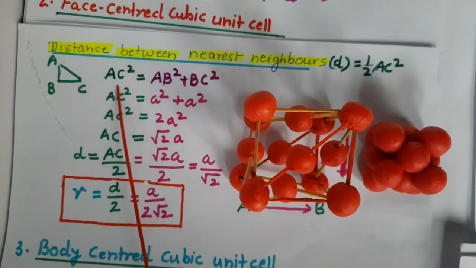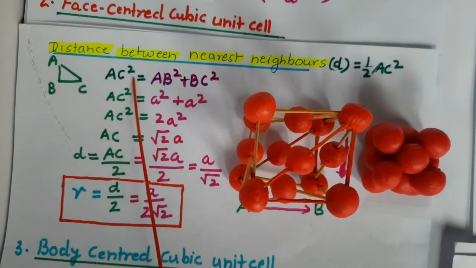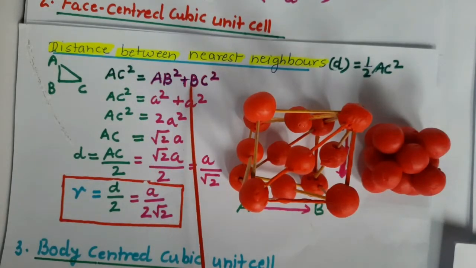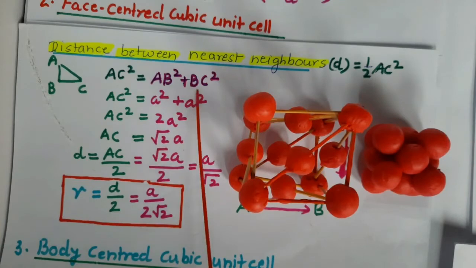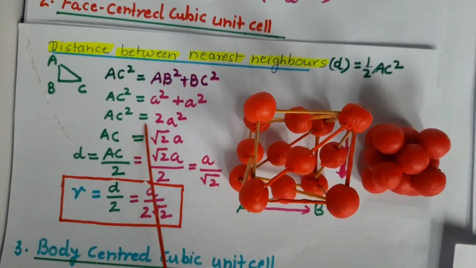According to Pythagoras theorem, AC square will be equal to AB square plus BC square, and AB is nothing but the edge length and it is represented as A. So AC square will be equal to A square, and BC is also equal to A. So AC square will be equal to A square plus A square, so AC square will be equal to 2A square. Taking the root on both the sides, we get AC will be equal to root 2 A.